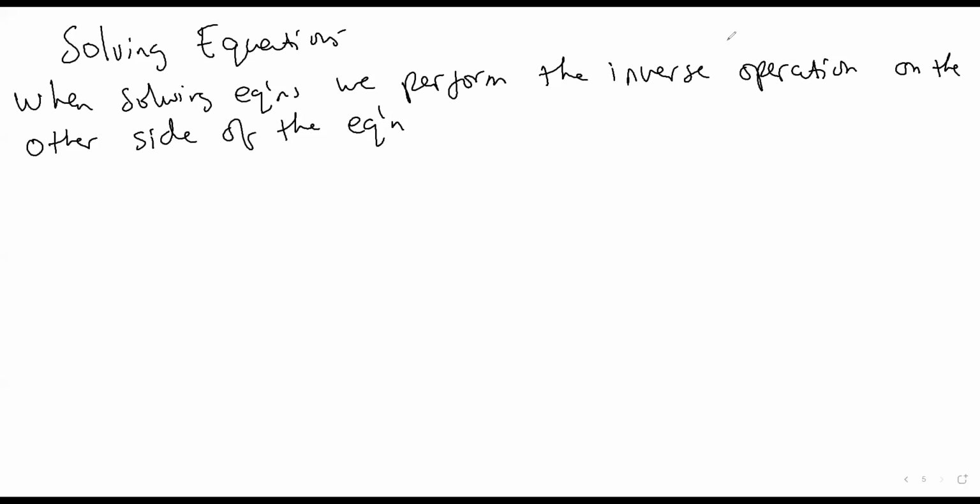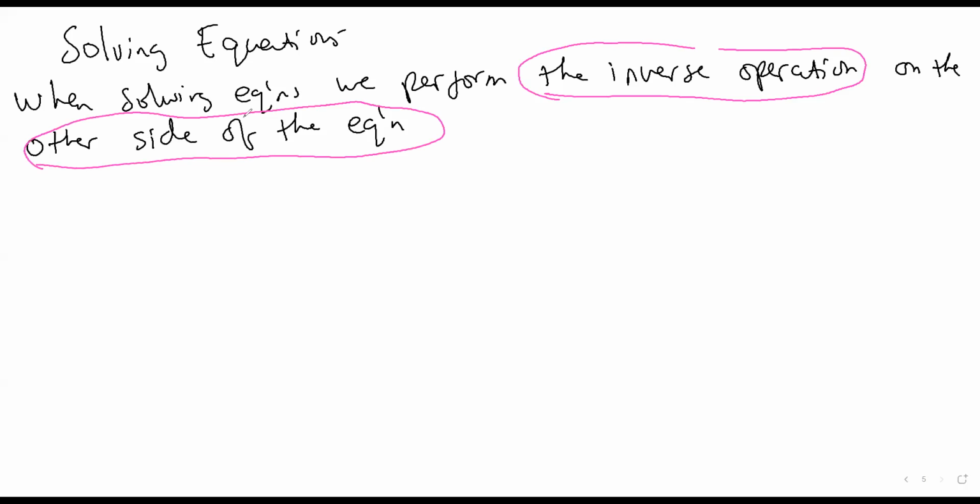EQN is short for equation, right? Nice. Again, emphasize we perform the inverse operation, students, on the other side of the equation, right? Nice. And so far, we know the operations we learned so far. We mastered this last class basically, right?